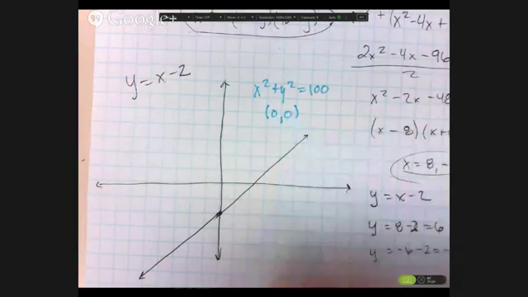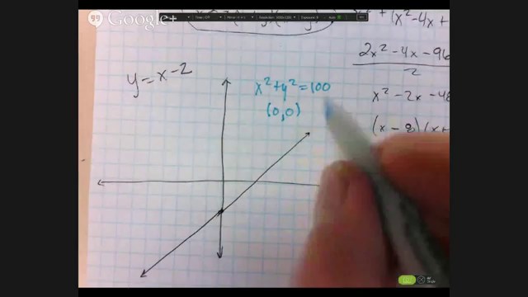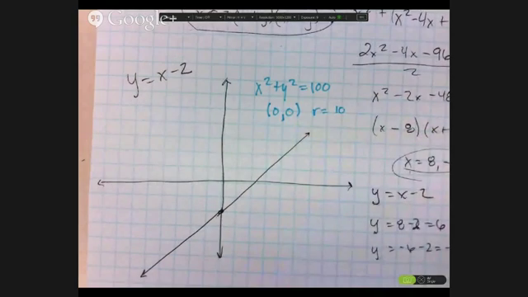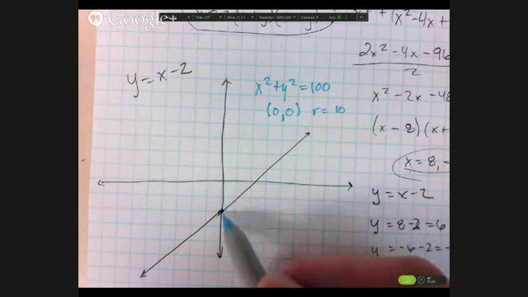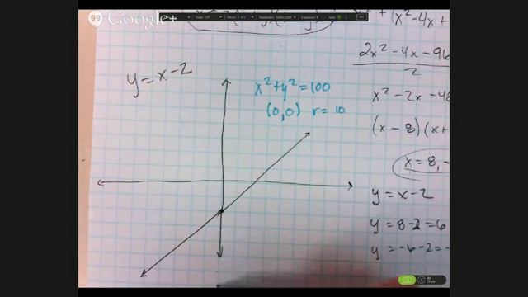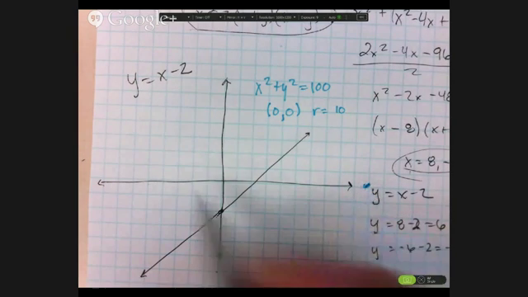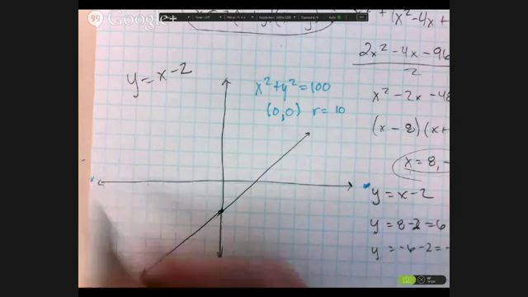Thank you, whoever just said 0, 0. And the radius is 10. Square root of 100. That's a big circle. I should have scaled it because it's way out there.